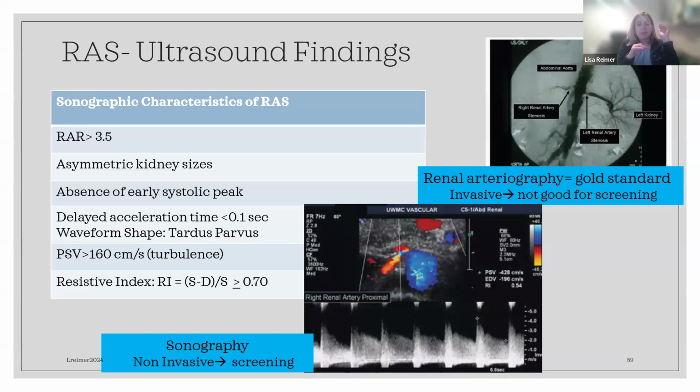And then when we compare systole to diastole, there's a bigger discrepancy because the blood is just trying to squeak through that stenotic area whenever it can. So we have a high resistive, high velocity flow.